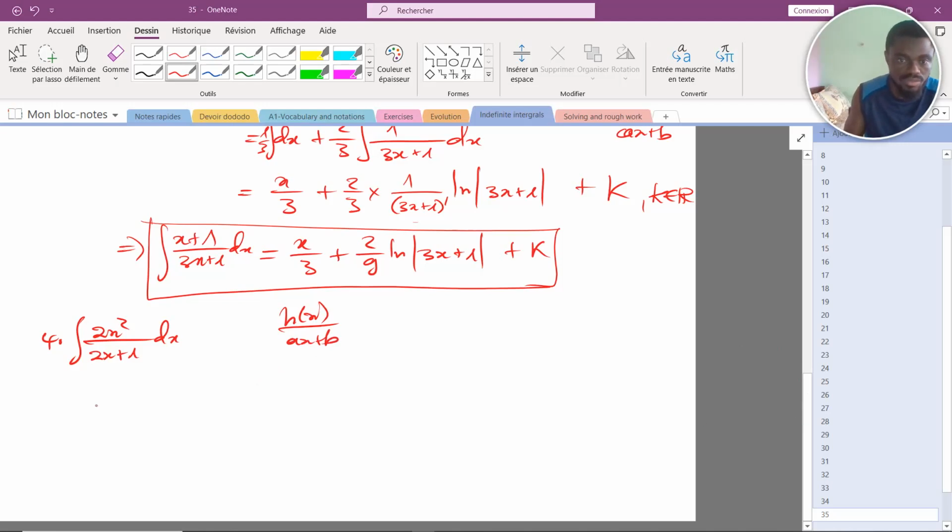That's the first thing which we can notice. Now we see that the degree of 2x squared is equal to 2, and the degree of 2x+1 is equal to 1. The highest power of x here is 1.